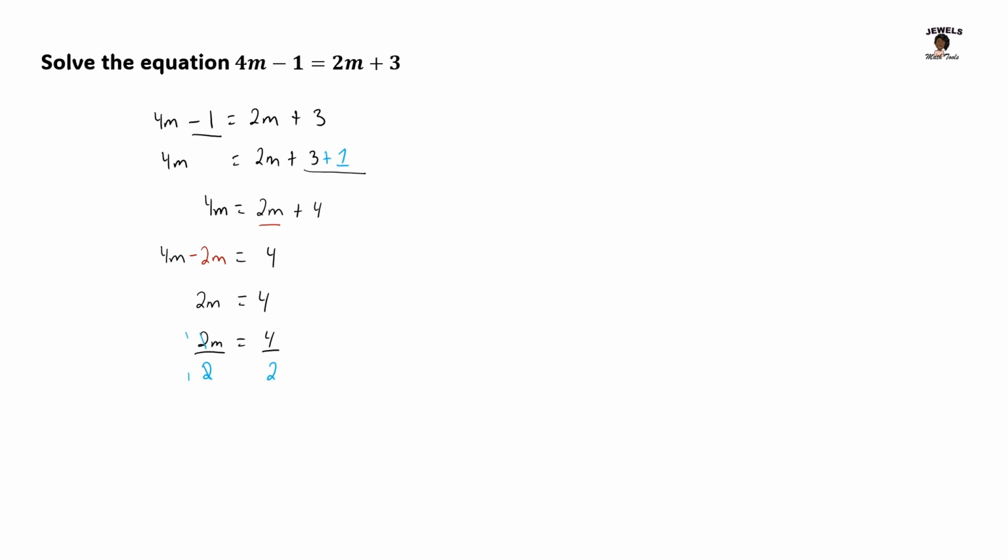So we're going to return our m back to the equation, remembering that 1m is the same thing as m, so we don't need to put the 1 in front of our m. So now we're going to be dividing our 2 into 4, which will equal 2. So our m for this equation will equal 2.